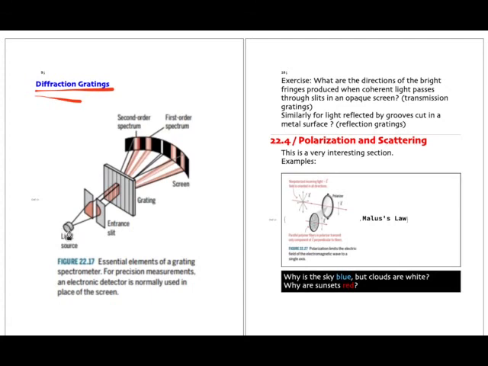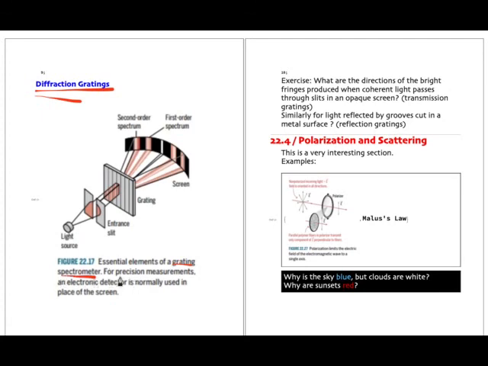For each atom, there's a spectrum, which is characteristic of that atom and distinguishes it from any other kind of atom. Well, if you want to analyze the light produced by some gaseous material, you pass it through a grating and you look at the interference pattern. So these are the essential elements of a grating spectrometer. That's called a grating spectrometer.